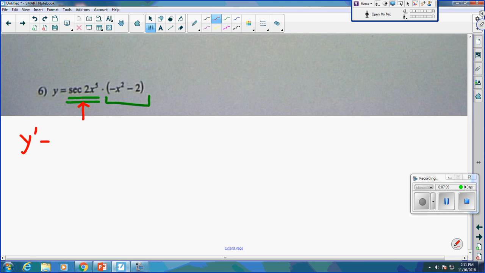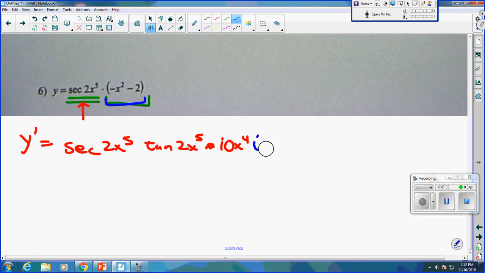So y prime equals derivative of secant, which is secant tangent of x. And the argument never changes. But then you have to go times the derivative of the argument, which is 10x to the 4th, times just that stuff unchanged, negative x squared minus 2.